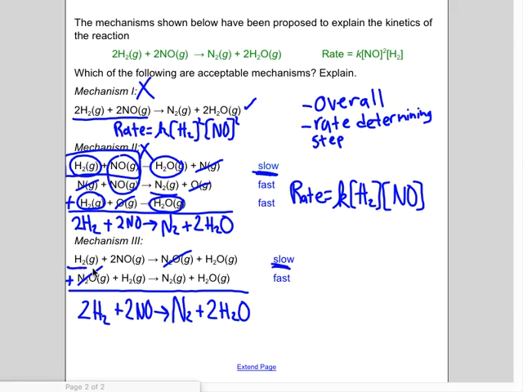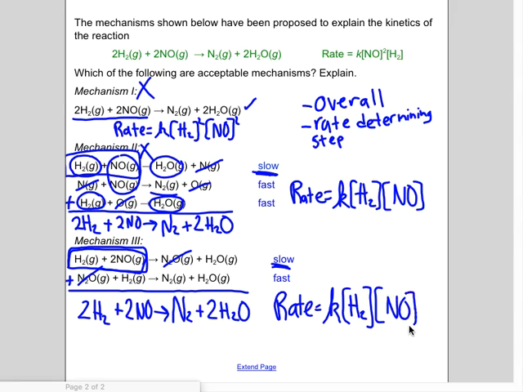We have 1 mole of H2 and 2 moles of NO. So the rate law from that would be rate equals K times, we have H2 with a coefficient of 1, so it's H2 raised to the first power, and then NO would be squared.